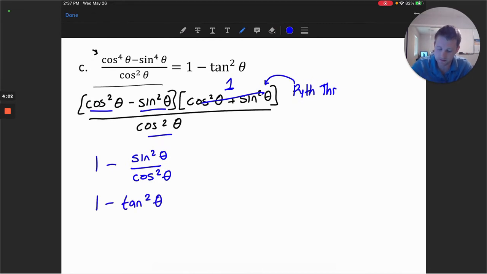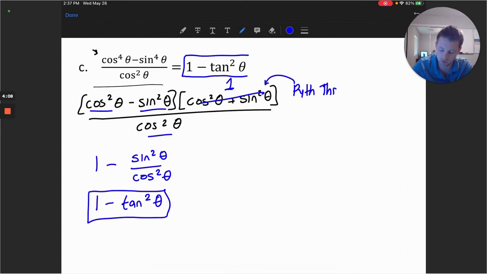And so this gives us exactly what we wanted from the beginning. We wanted to find this to be 1 minus tangent squared, and that's exactly right. We will be done with that proof. So we used a difference of squares technique, working with some factoring, and then the Pythagorean theorem identity was handy here.